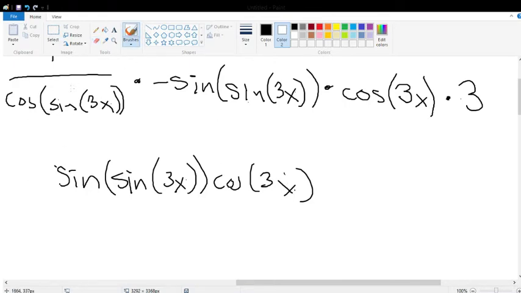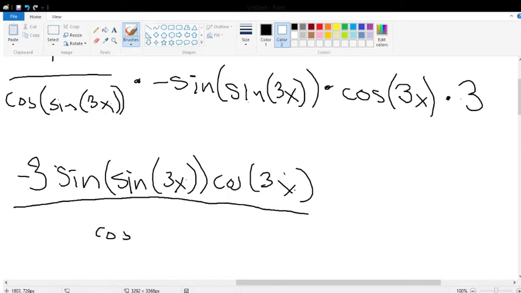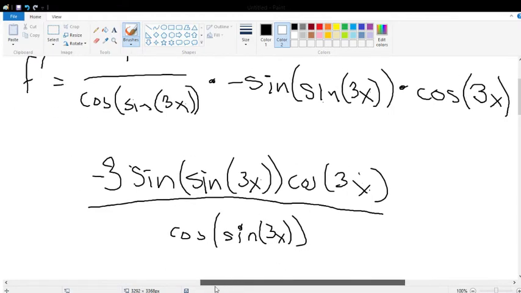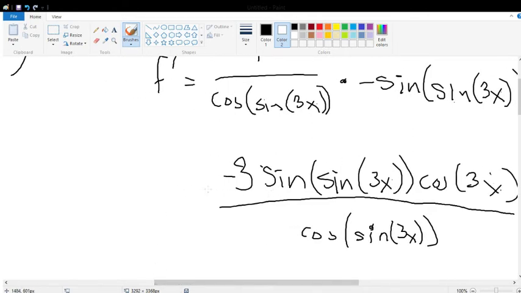So all I'm doing is I put this piece with this piece, and then the 3 is going to go all the way on the front. And remember, this is a negative. All divided by cosine of sine of 3x, sine of 3x. This is f prime. I just made it look a little neater. And now we have f prime.